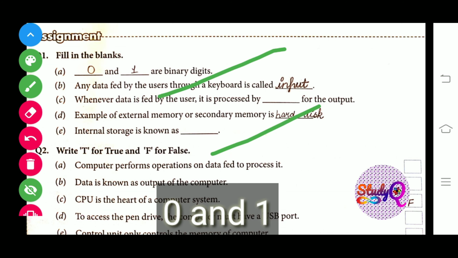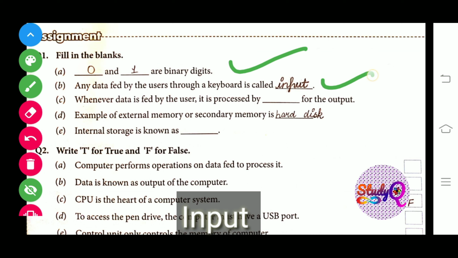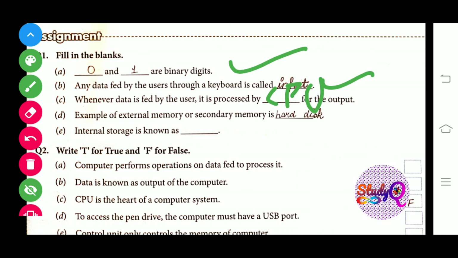Here you have to understand, dash and dash are binary digits: 0 and 1 are correct. Okay, any data fed by the user through the keyboard is called input. Whenever data is fed by the user, it is processed by dash for the output: CPU, central processing unit. You can write here CPU.